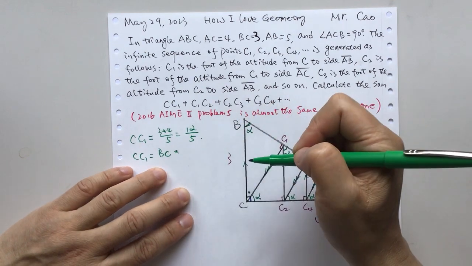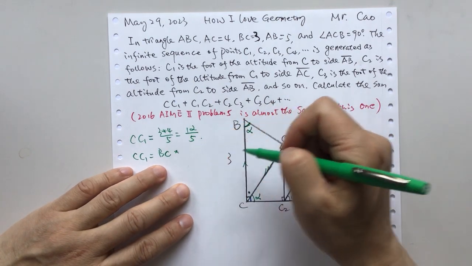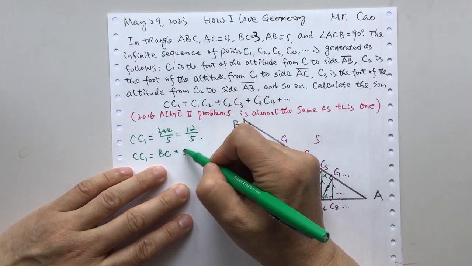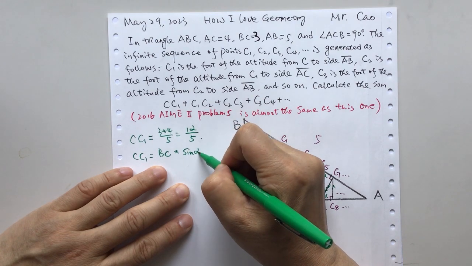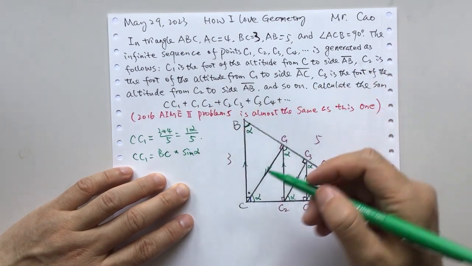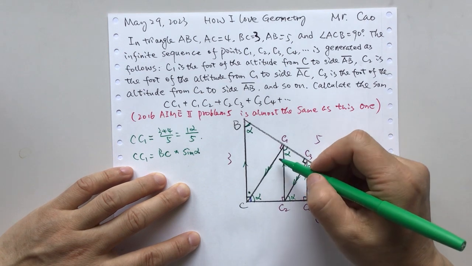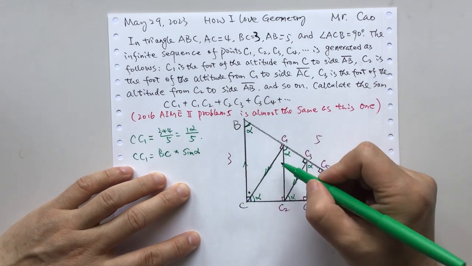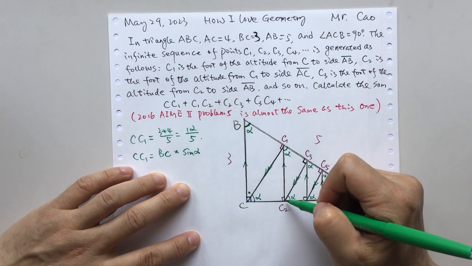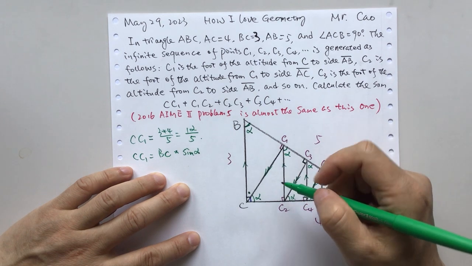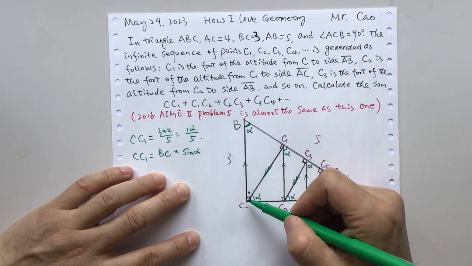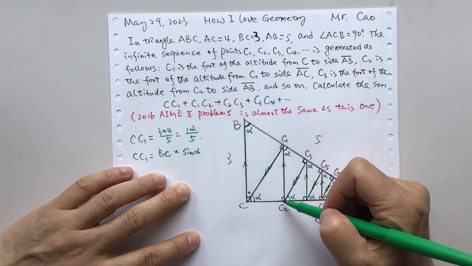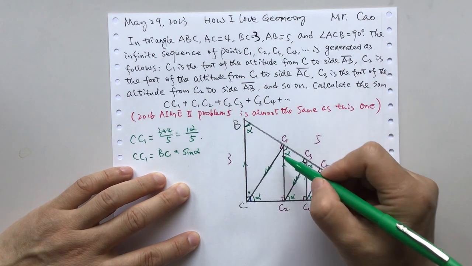So CC1 also can be represented by BC times sine alpha. Yeah. And how to use CC1 to represent C1C2? Yes, it's easy, right?